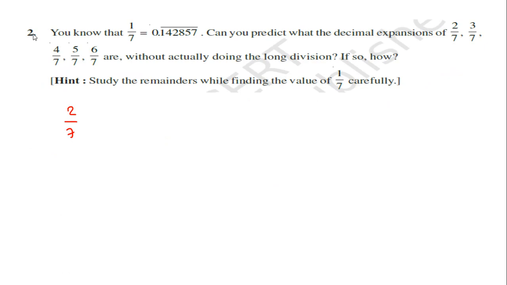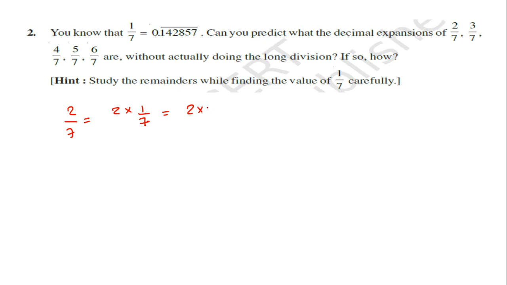Now see here. If you remember 2 by 7, without performing long division, see here, why are you not using this hint, why are you not using this value? 2 by 7 is equal to actually 2 into 1 by 7. But 1 by 7's value we have.